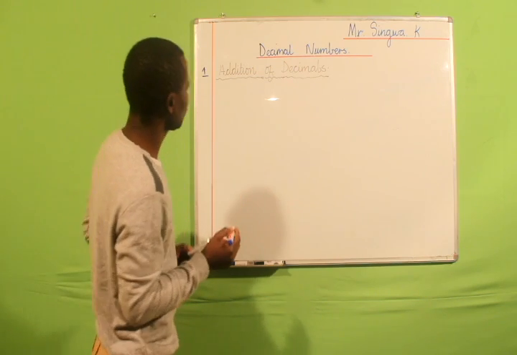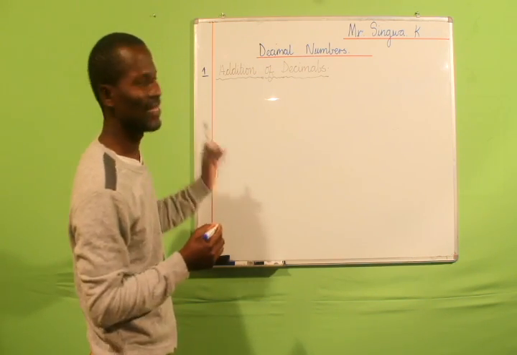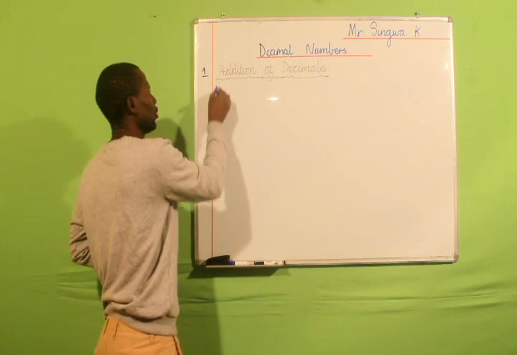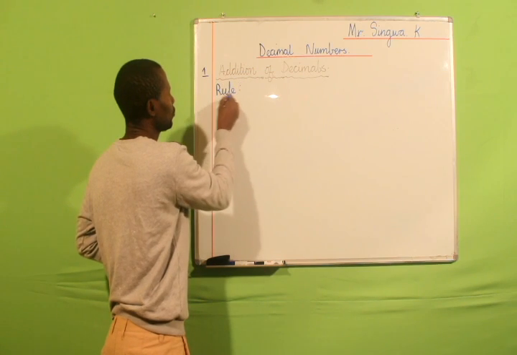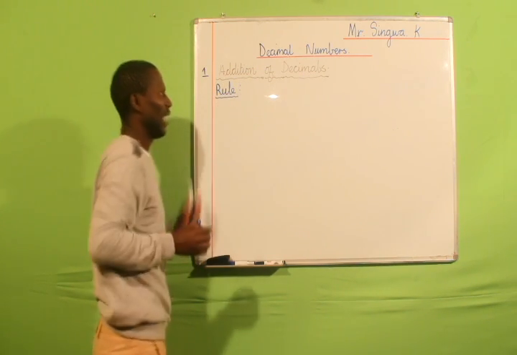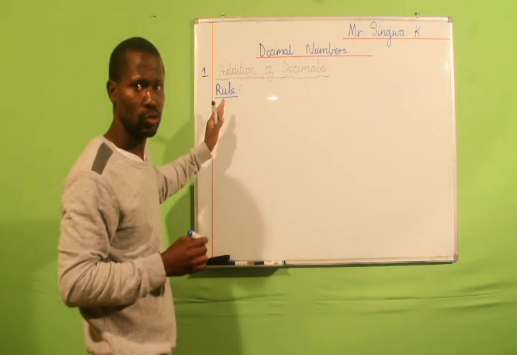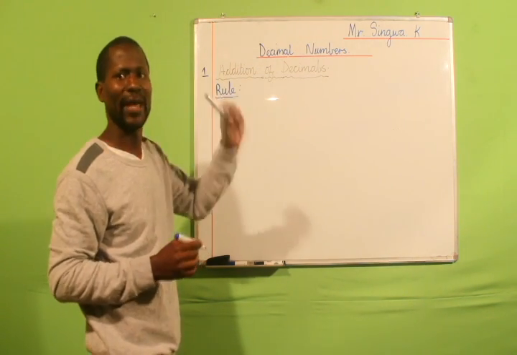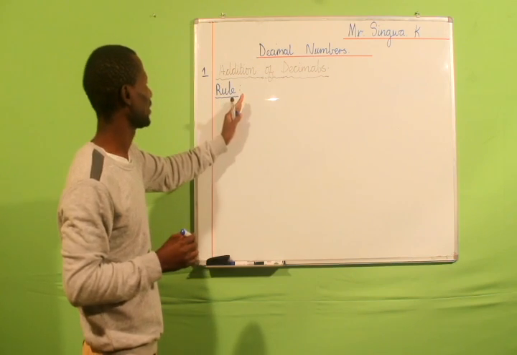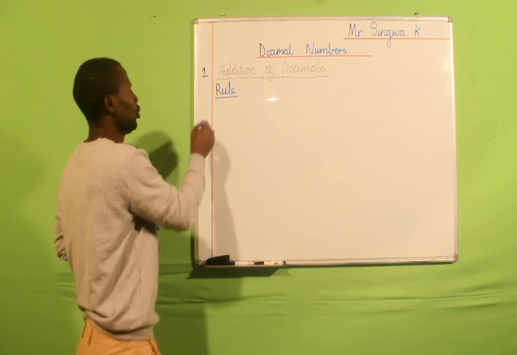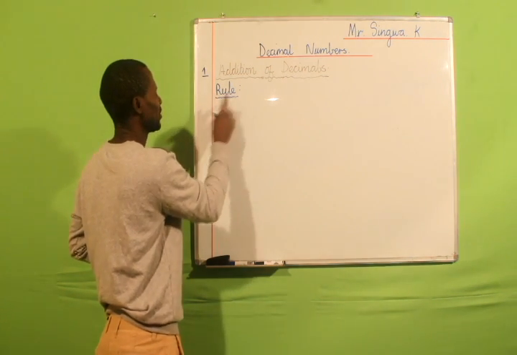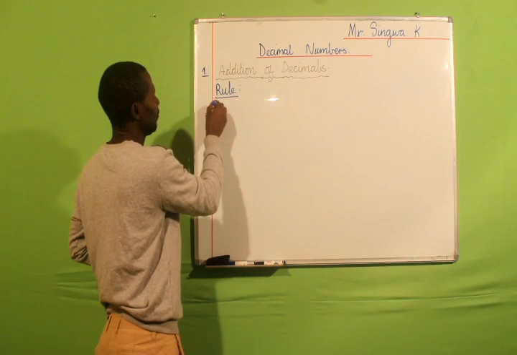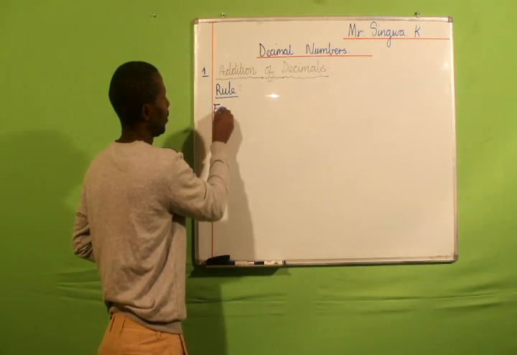Now, decimals have a system or rule which everyone should follow. I'm not going to show you this rule right now because I want you to see where it applies. When you look at the addition of decimals, for example, we are going to be given an example of a question.